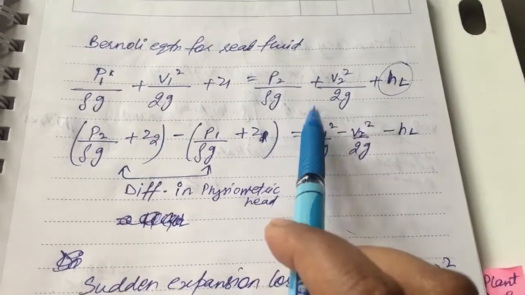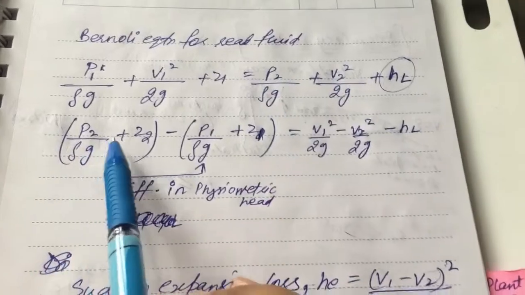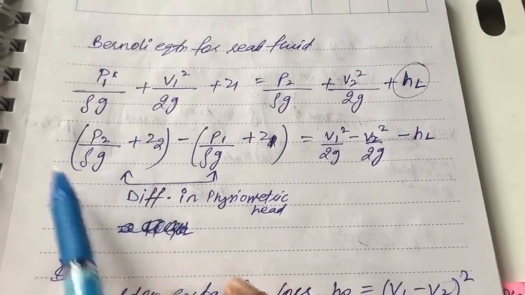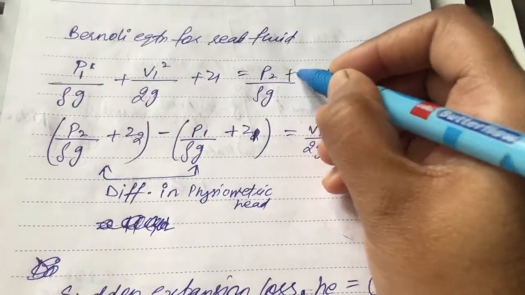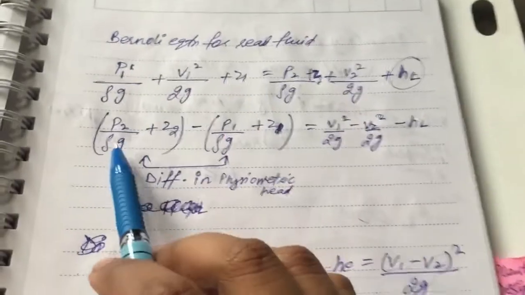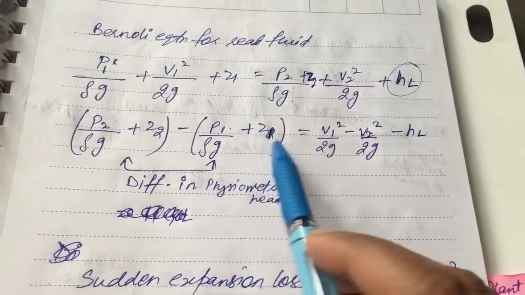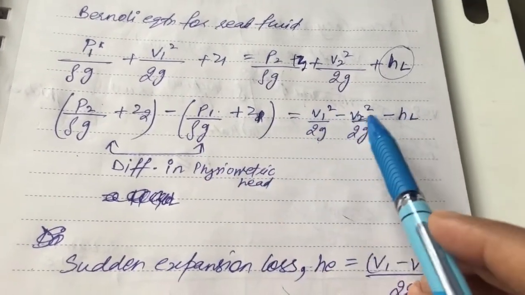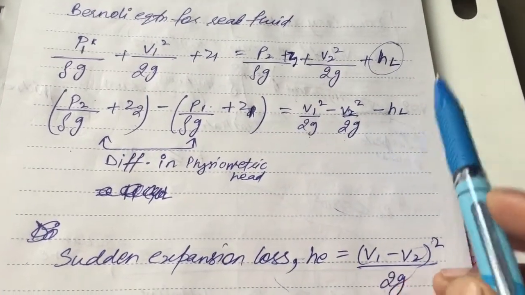Taking the pressure terms to the other side, we get P2 by rho g plus Z2 minus P1 by rho g plus Z1 would be equal to V1 square by 2g minus V2 square by 2g minus head loss.